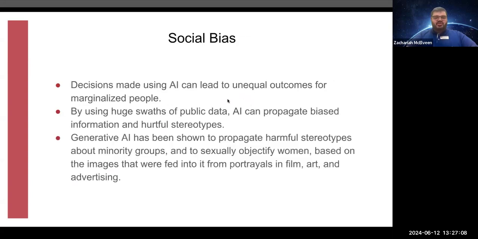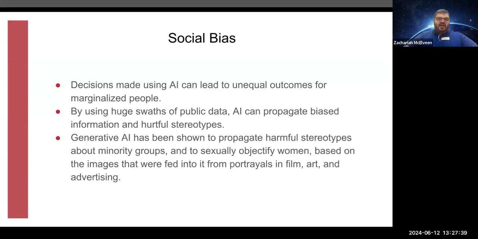So another issue is social bias. Decisions made by using AI can lead to unequal outcomes for marginalized people. By using huge swaths of public data, AI can propagate biased information and hurtful stereotypes. So if there's a bias in society and that bias is reflected in the data and it's used to train AI, then that bias can be reflected in the information that the AI gives us.